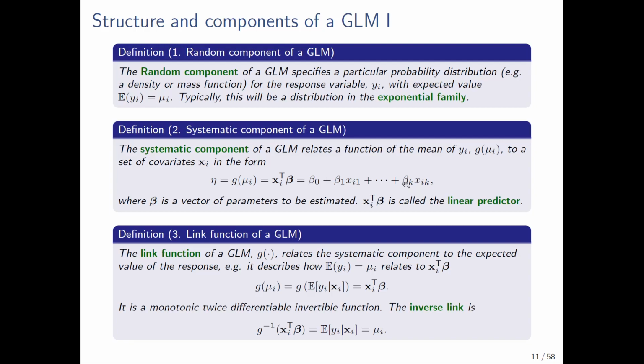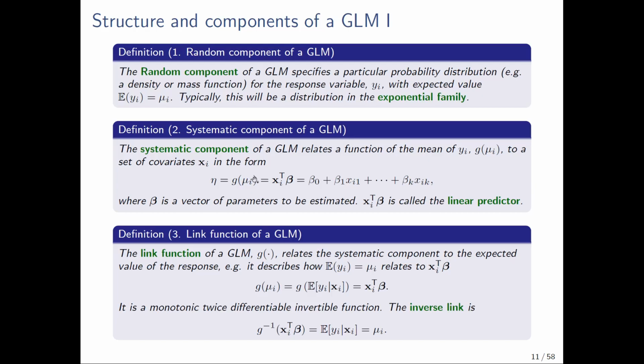So this is really exactly a linear in parameters structure that we've already met in the context of the linear model, and we call this linear form the linear predictor in the context of GLMs. But notice that unlike the linear model, we have a function of the mean relating the mean of the response to the predictor. In the linear model, the mean is related directly to the predictor, so the function is the identity function. For other GLMs, it will not be identity. There could be a nonlinear function.